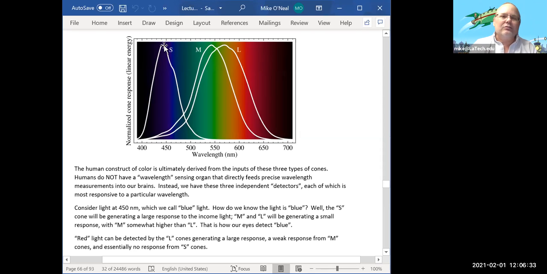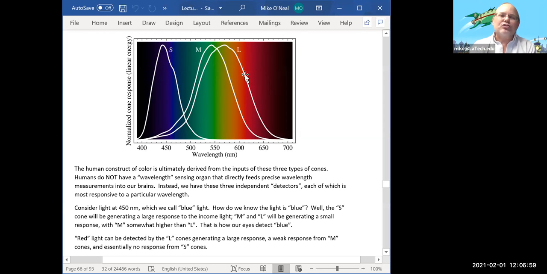And your S cone will go, oh, I'm not feeling anything. I'm off, essentially, right? And so green is your M and your L cones going, oh, I'm excited, and blue going, I don't feel anything. That is how your body detects green.